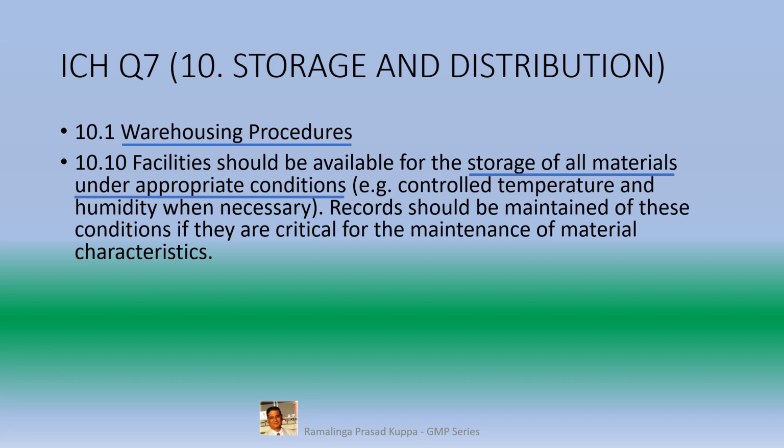Example, controlled temperature and humidity when necessary. Records should be maintained of these conditions if they are critical for the maintenance of the material characteristics. Similar conditions are prescribed in 21 CFR Part 211.